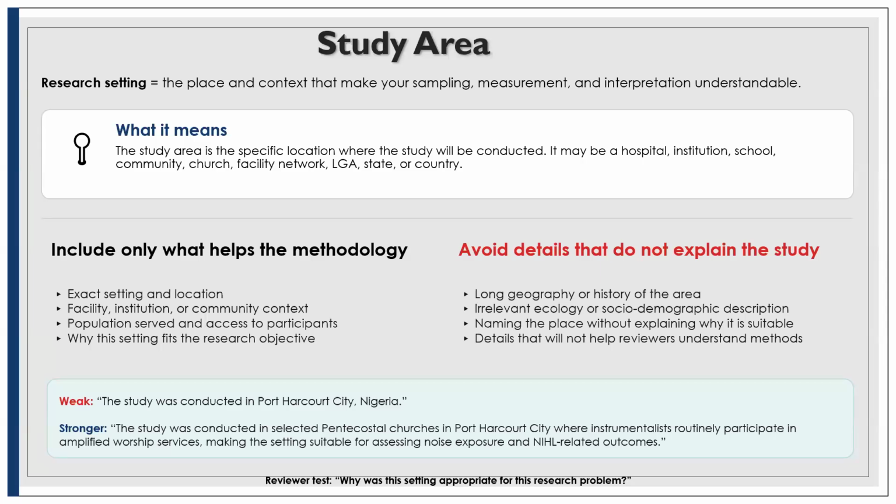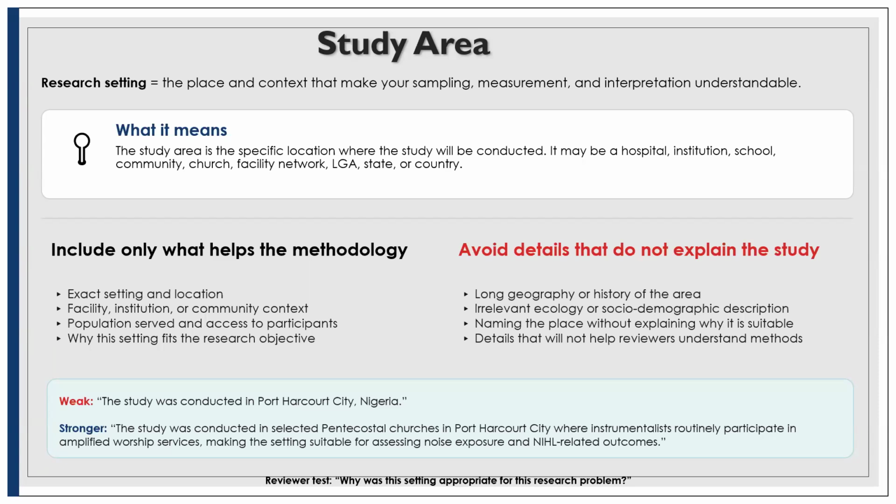Sometimes it can be a facility, like the University of Port Harcourt Teaching Hospital. Sometimes it can be an institution like the University of Port Harcourt, or it can be a community context. Maybe you want to collect data from Omagua community, or Choba community, or Eneka community.